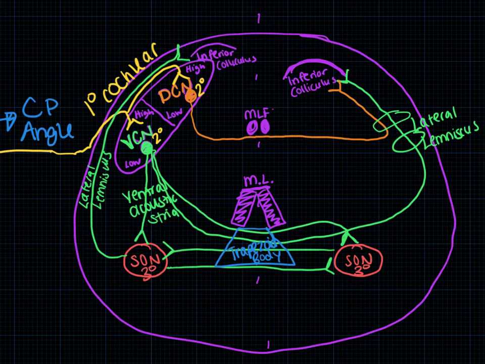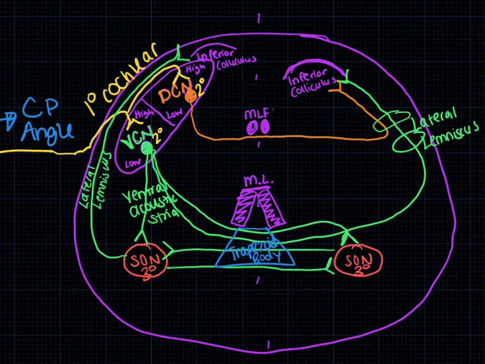So I didn't illustrate this on both sides just because it would get a little bit crazy, but at this point now the lateral lemniscus will have second order fibers from the contralateral DCN and the VCN, because the VCN projects contralateral fibers to the lateral lemniscus. And it's also going to have ipsilateral fibers from the third order neurons of the superior olivary nucleus. So I just didn't show that on this side.